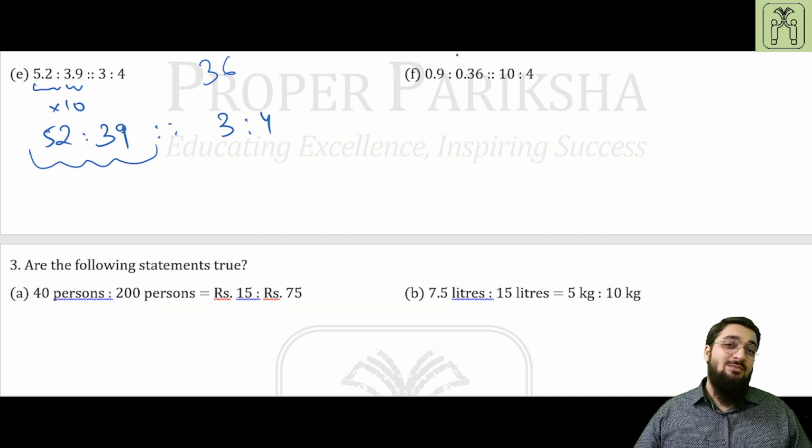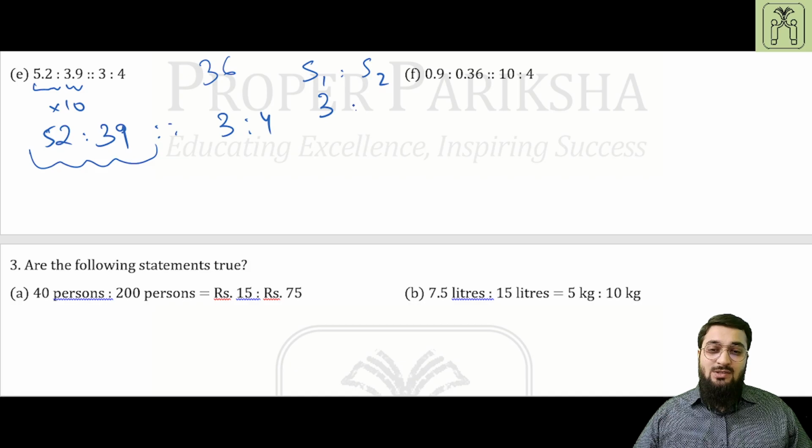Then we are given certain parameters for age, then we write the age of S1, the student 1, and S2, student 2. We get a ratio, like for example 3 is to 5. Then we multiply both sides by x, then we do the algebra equation, 3x plus 5x is equal to 36, and we get the answer for x, and therefore we get the answer for S1 and S2 by putting the value of x over there.